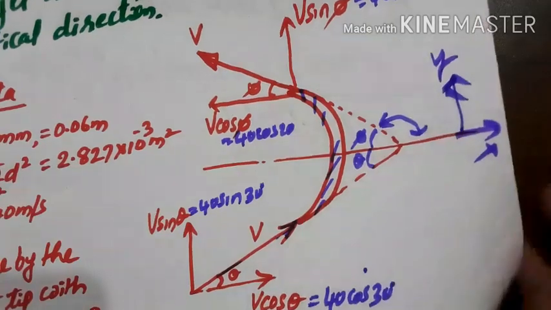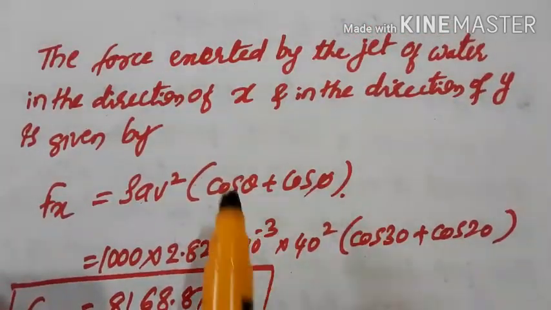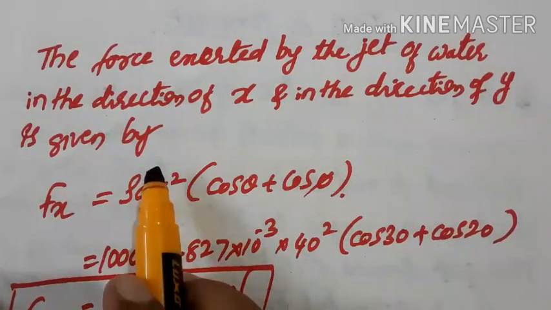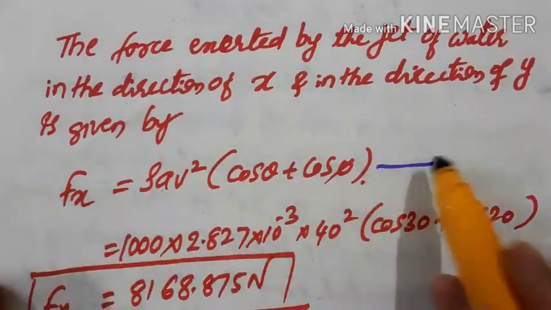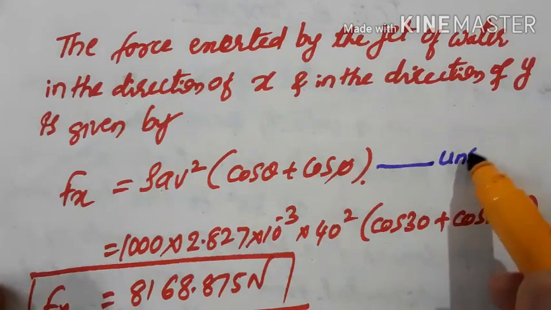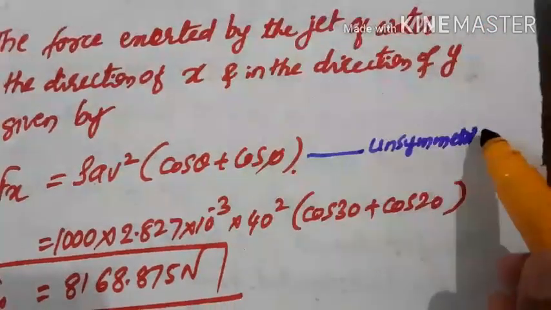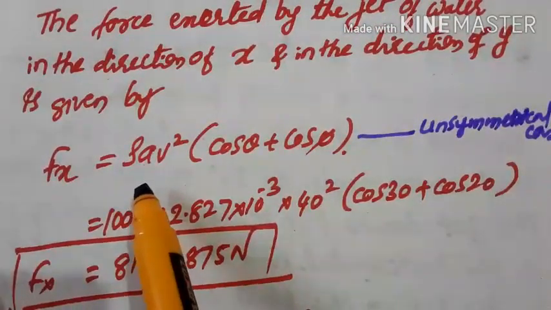Okay, so with this, next, the force exerted by the jet of water in the direction of x and in the direction of y is given by, and this equation we know for the unsymmetrical case. This is unsymmetrical case, so this already we have derived.